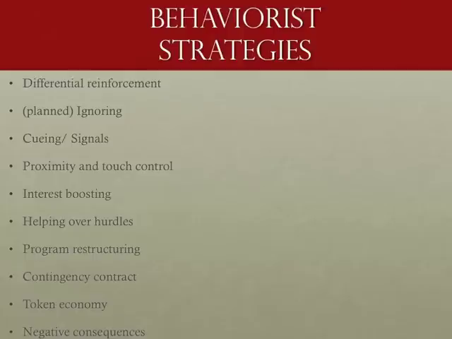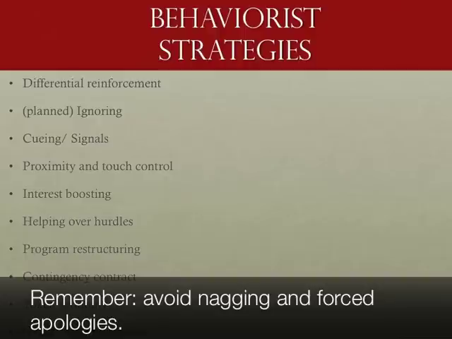For these kinds of things, you want to make sure two things to keep in mind with these behavior strategies. One, avoid nagging. Just like continuous reinforcement eventually loses its effectiveness, nagging is really thought of as continuous punishment, which becomes ineffective as well. And the second is forced apologies. You want to make sure that the stimulus and response that you're getting are what you want.